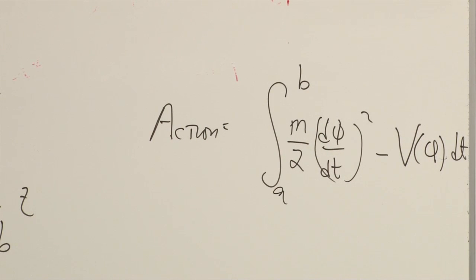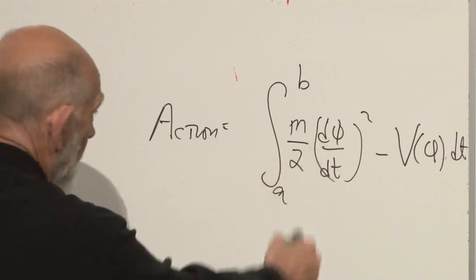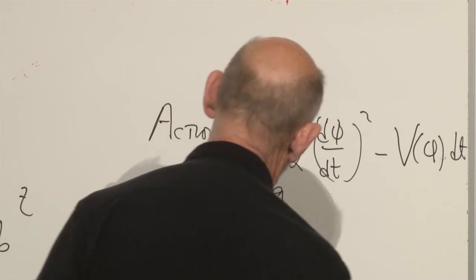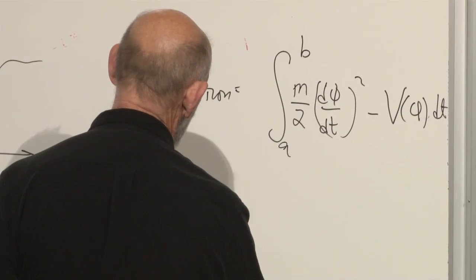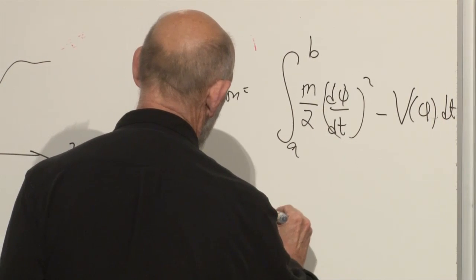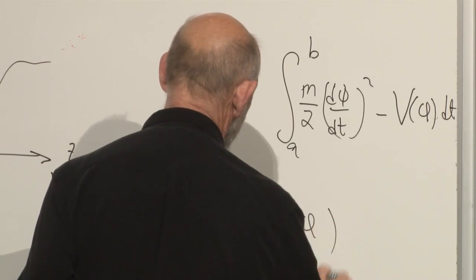The Euler-Lagrange equations, let me remind you what they are. This object in here would be called the Lagrangian. The Lagrangian is m over 2 phi dot squared minus V of phi.